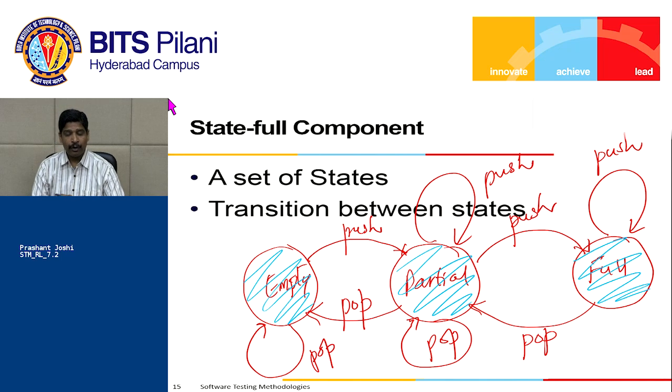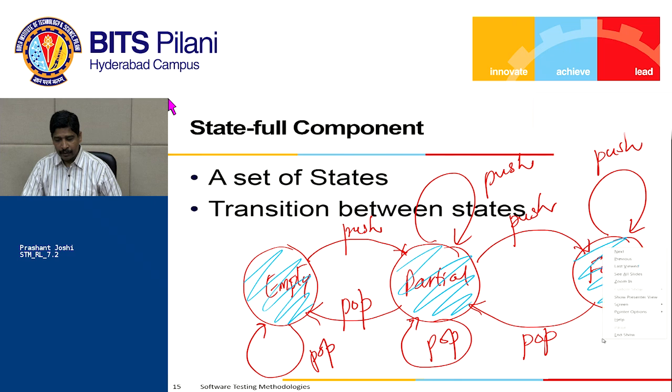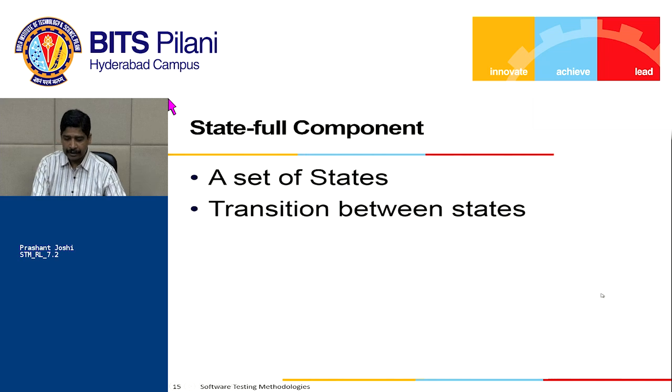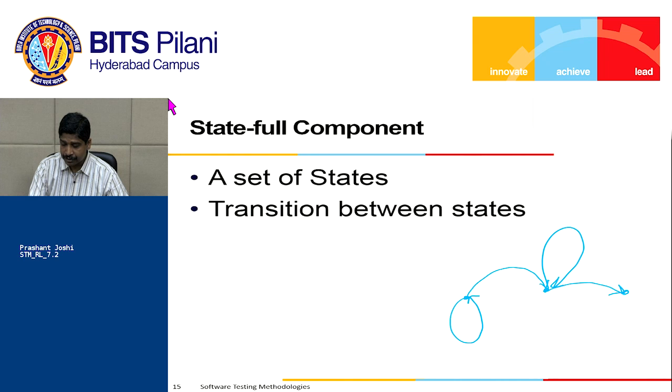One of the things to note here is that you should remember this diagram, and I would want to clear this, and now I'm going to draw a graph based on this. I had a pop, I did a push, a push, a push to this state, then a pop, and there was also a pop.